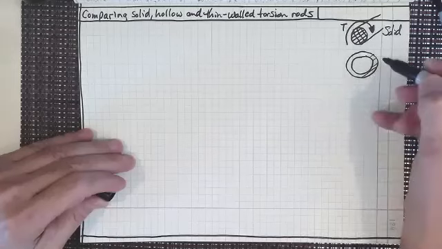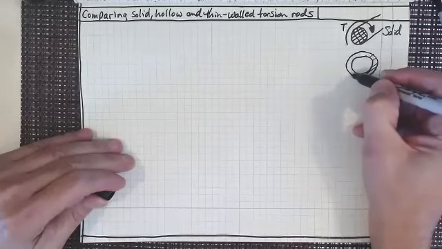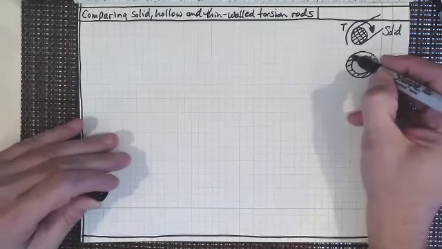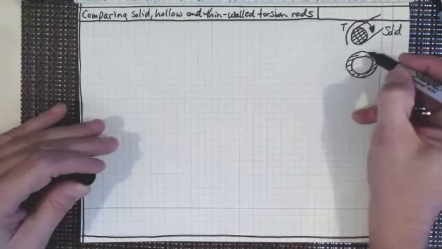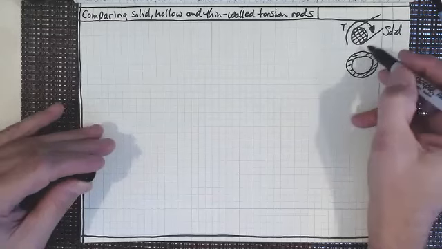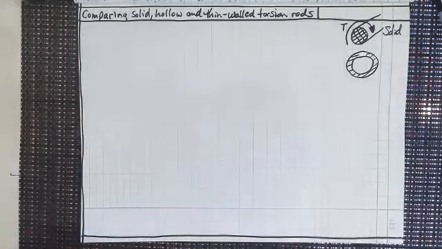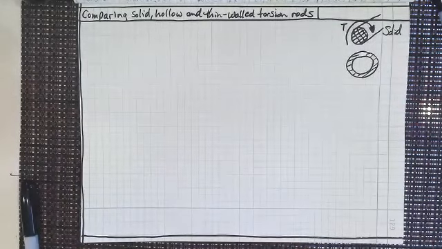There are other considerations, like I mentioned before, the crankshaft in your car. Obviously, you don't have the space requirements to really get anything except for a solid torsion rod inside the motor. I mean, think of how big your motor would be. The motor's already big enough. So we have to have a solid cross section.